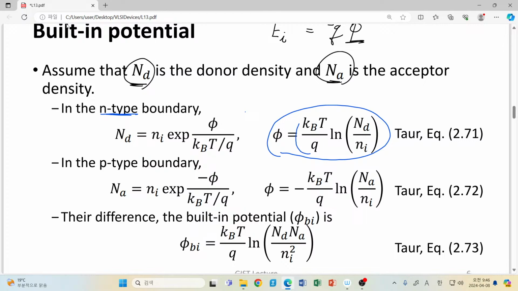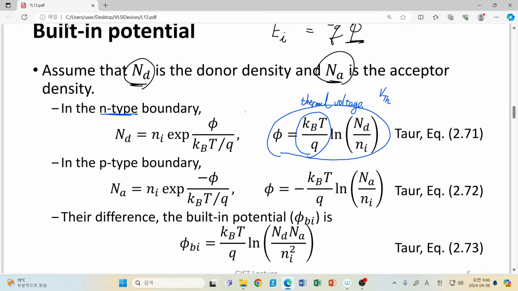Please note that this is the so-called thermal voltage. Since Professor Tower's book doesn't introduce any specific symbol for this thermal voltage in this semester, I will try to write it in its full form, kT divided by q, but in many cases it is written as, once again, thermal voltage Vt or VTH, something like that.